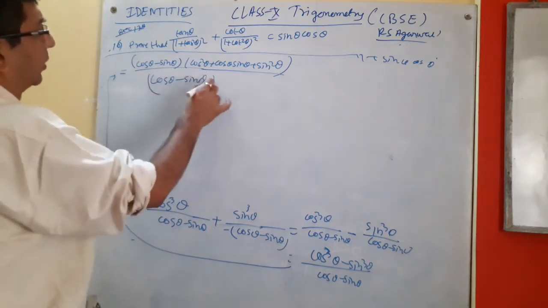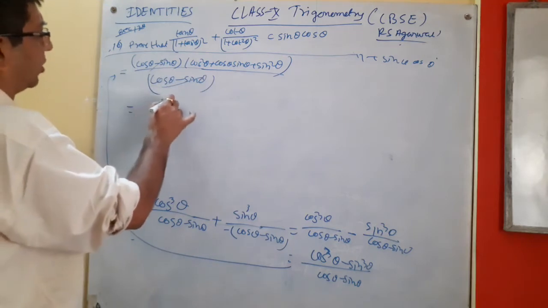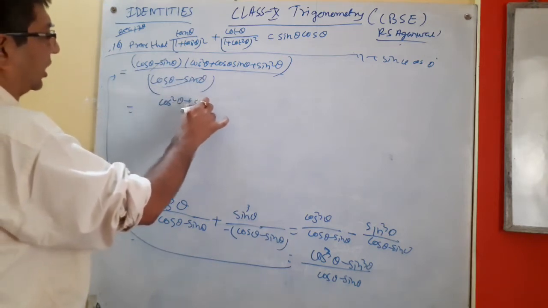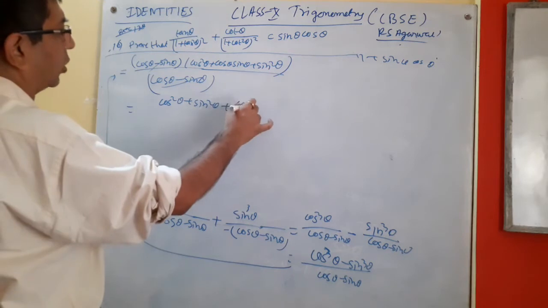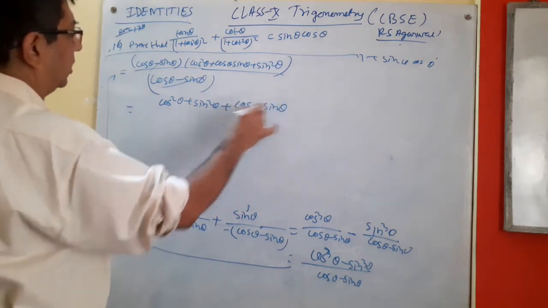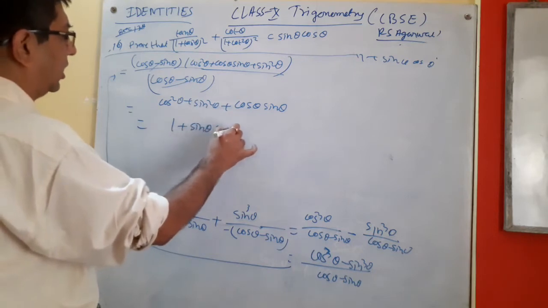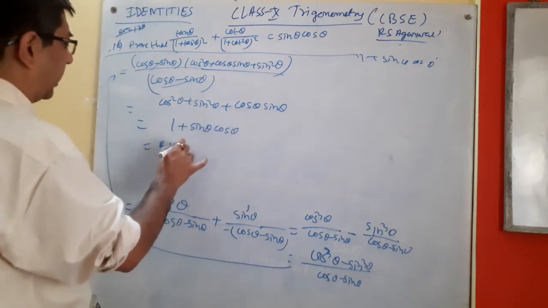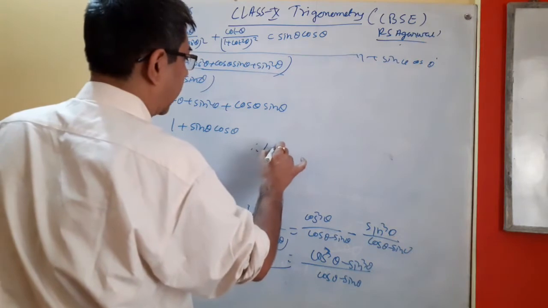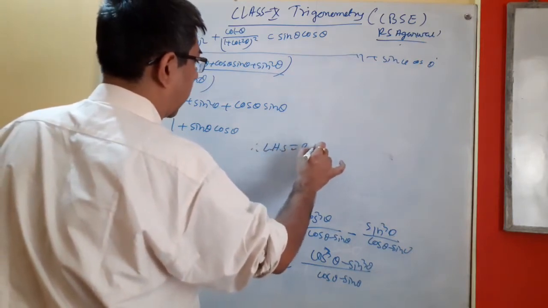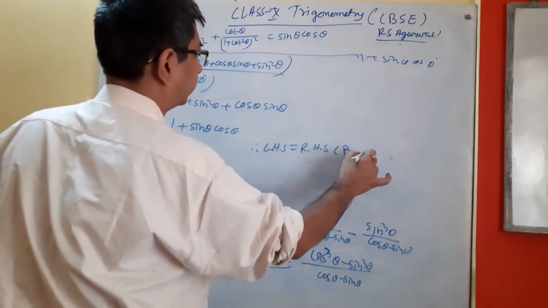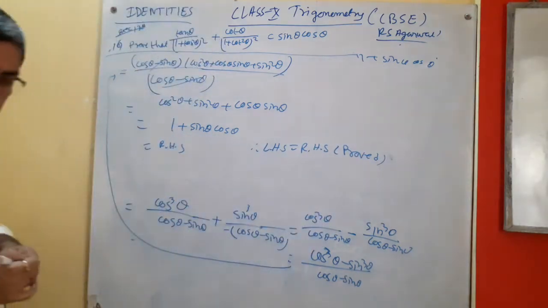Now this one cancelled. So what we are getting? Cos square theta plus sin square theta, writing together, plus cos theta sin theta. That means 1 plus sin theta cos theta equal to RHS. Therefore LHS equal to RHS. Proved. Clear?